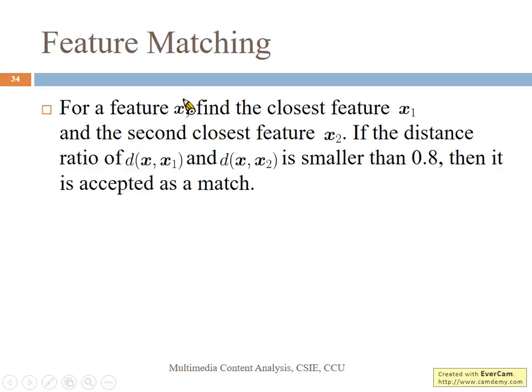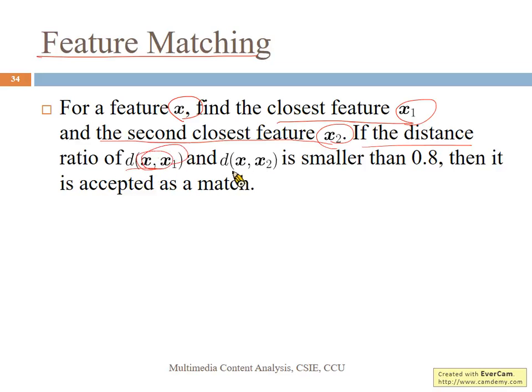And then, depending on the application you try to develop, we may need to do feature matching. Okay, for a feature X, we want to find the closest feature X1 and the second closest feature X2. If the ratio of the distance between X and X1 to the distance between X and X2 is smaller than 0.8, then we say that the feature X is matched to X1.